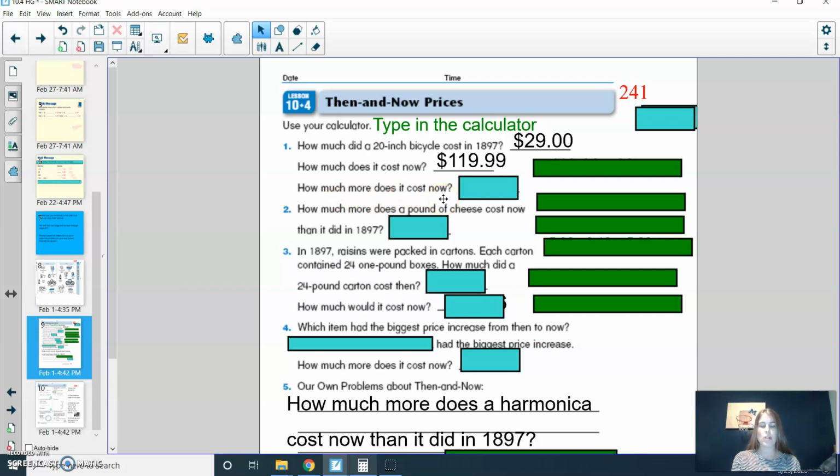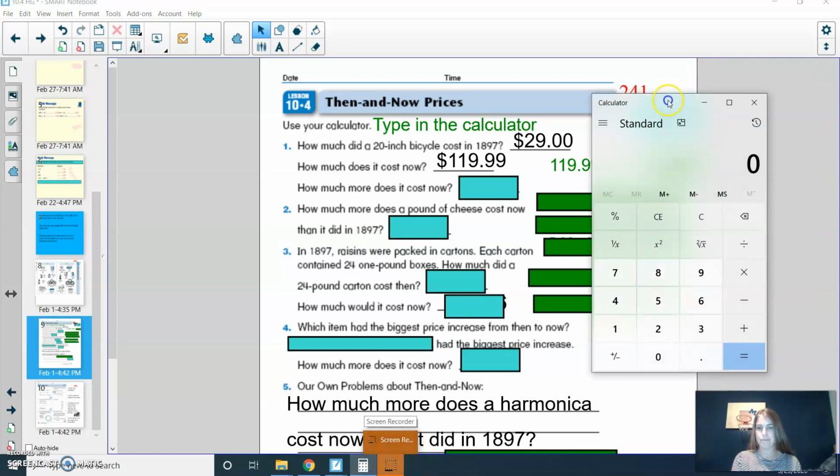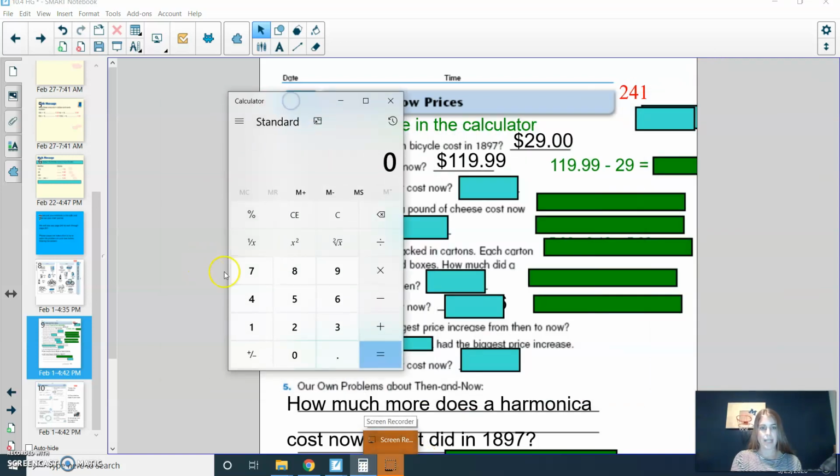Now it's asking us how much more does it cost now? When I want to know how much more, I'm going to be subtracting. So take out your calculator, and I want you to type in the following problem. I'm going to type in 119 decimal point 99 minus, and I'm just going to type in 29.